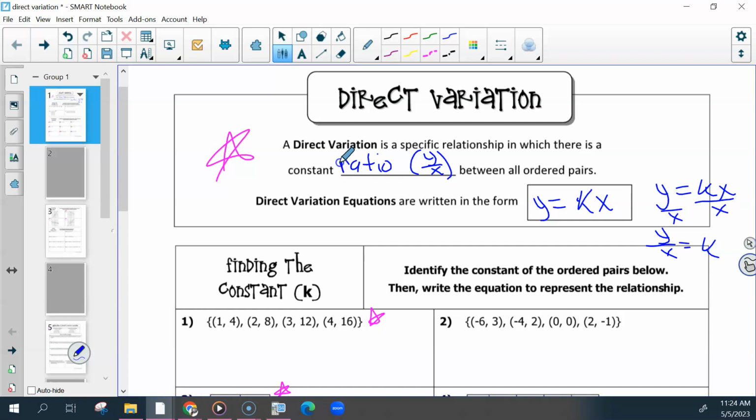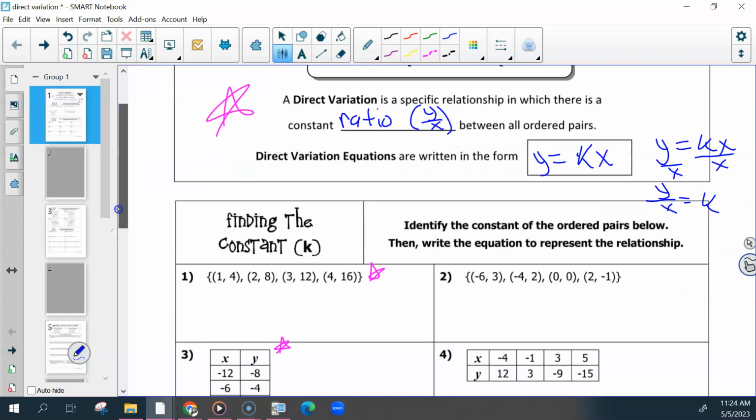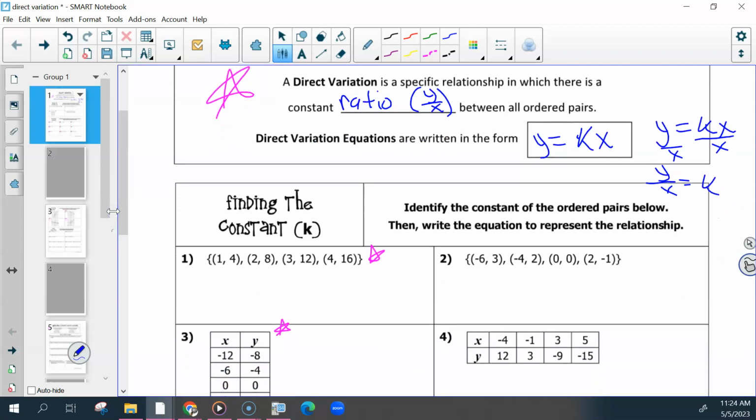Right. So one of the things you'll need to know is how to find k using that ratio, y over x. Right, so we'll do a couple of these examples.